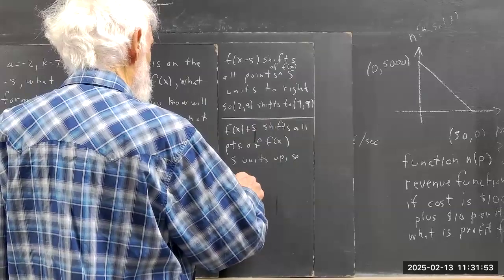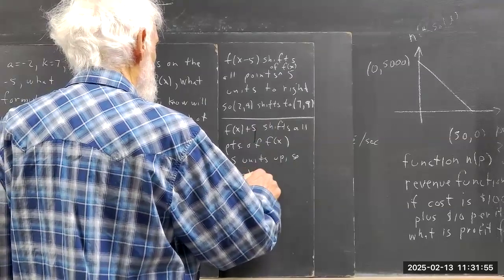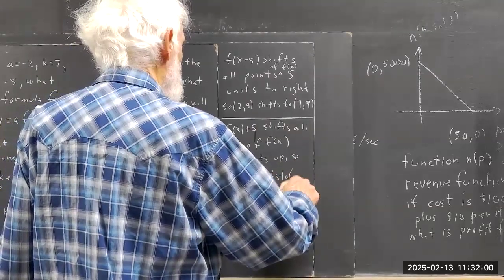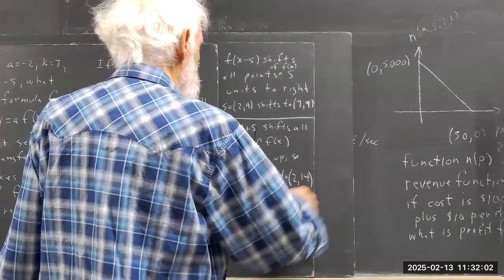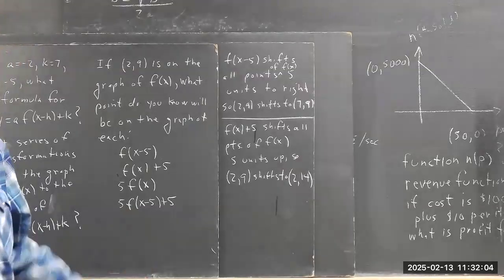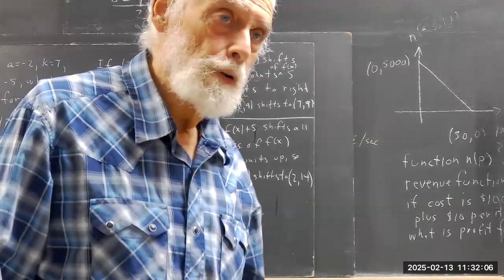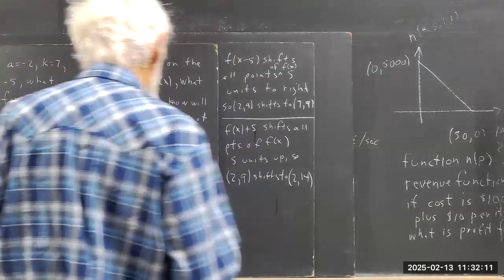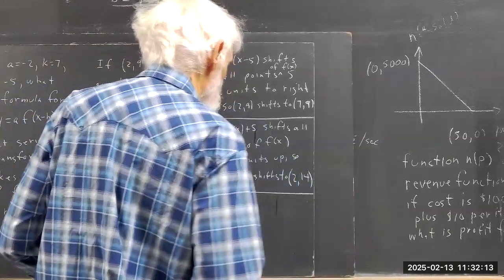So (2, 9) shifts to (2, 14). Again, I saw that in a significant majority of the papers. Okay. So very pleased. And you should be too.